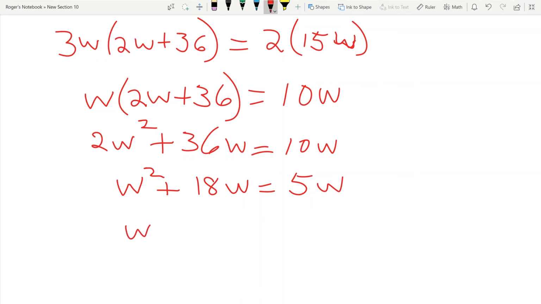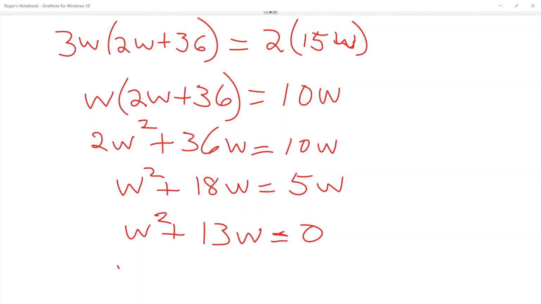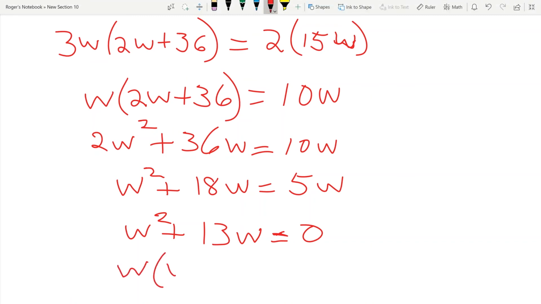What is w squared plus 18w minus 5w? 18 minus 5 is 13. Equals 0 now. We leave a 0 on the right. Factor out a w here, and you get w times w plus 13 equals 0.